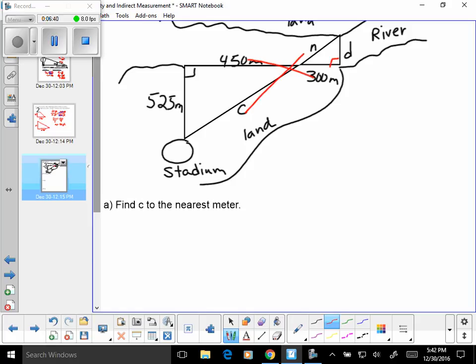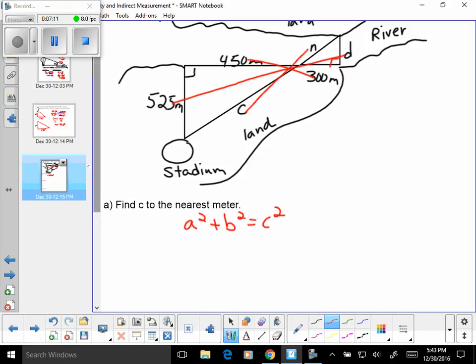So C corresponds with N, and that means the 525 corresponds with D. One of the things that we can do is use the Pythagorean theorem, and sometimes they'll actually tell you to use the Pythagorean theorem to find C. So a squared plus b squared equals c squared.